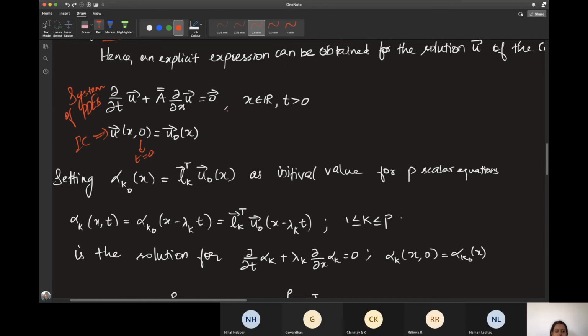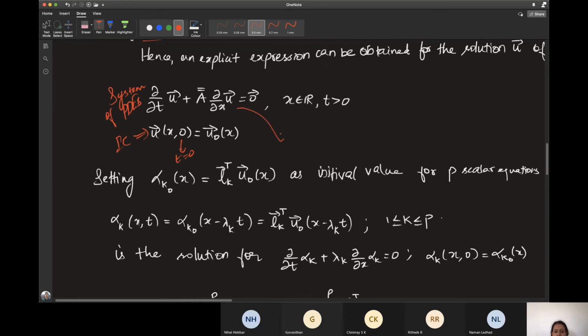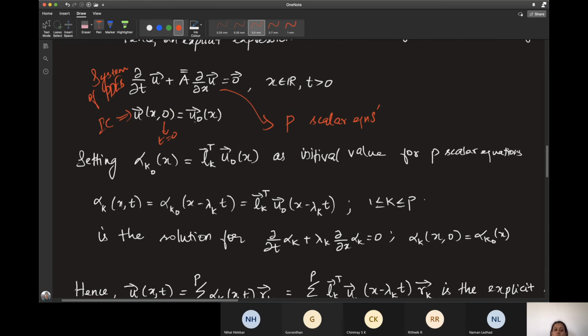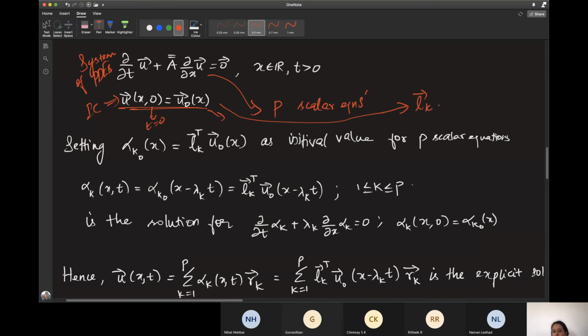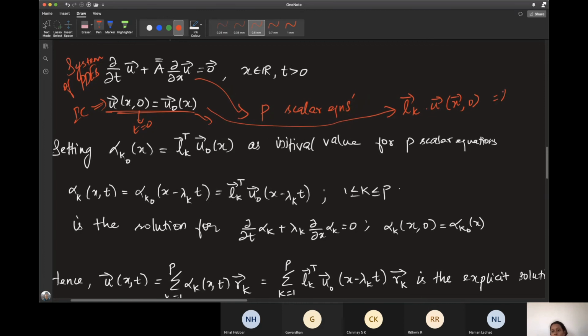So now we have transformed this system, I mean we have split this system into p scalar linear convection equations. Now we need to break this initial condition into p initial conditions that go with these p scalar equations. So do a similar dot product to this initial condition. Let's do the dot product, lk dot u vector of x comma 0, which will become lk dot u naught of x.